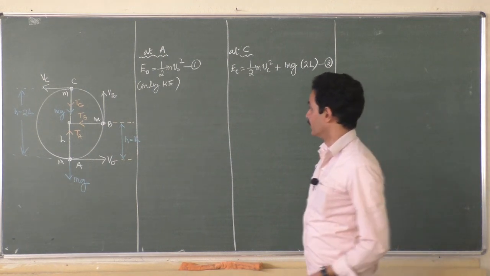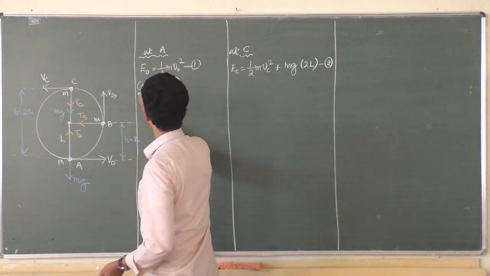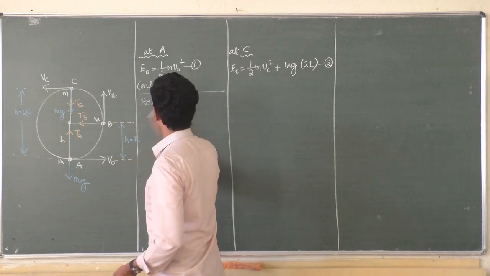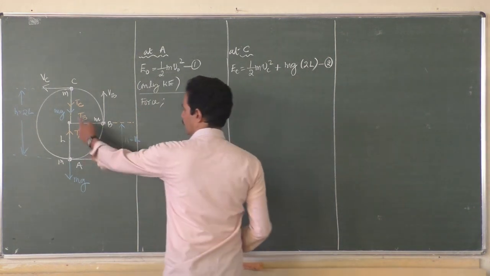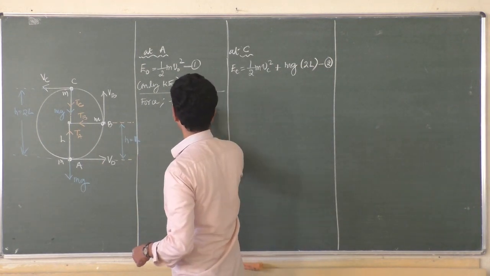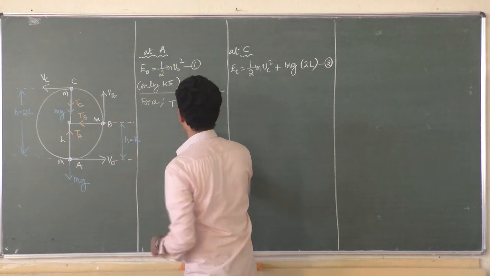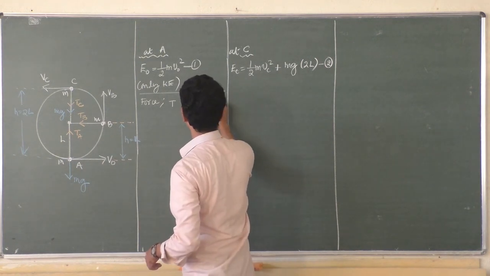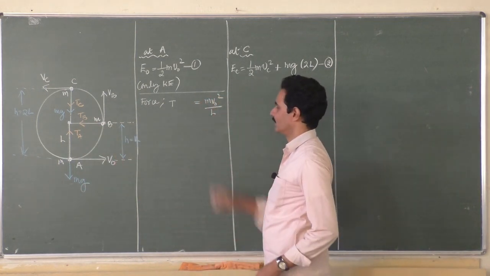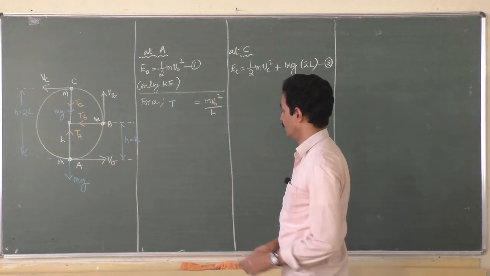Now, what about the forces? If I write the net force here, see, always tension in the thread must be the centripetal force. What about here at A? Centripetal force is mv naught square by r. R is radius, that is L. Velocity is v naught. mv squared by r must be equal to the tension.